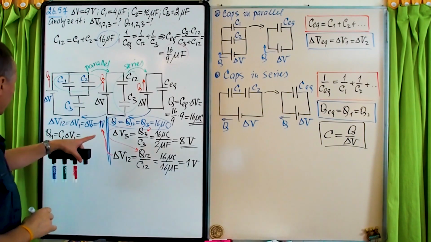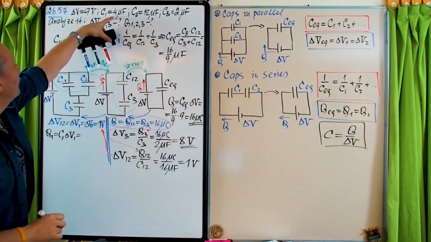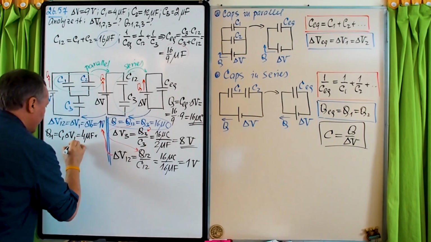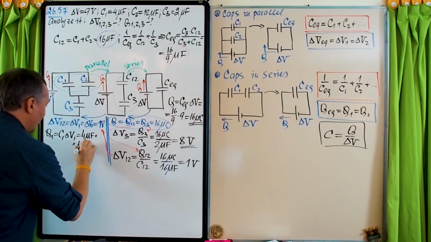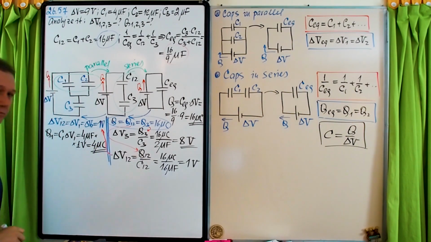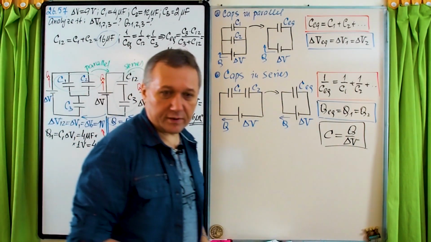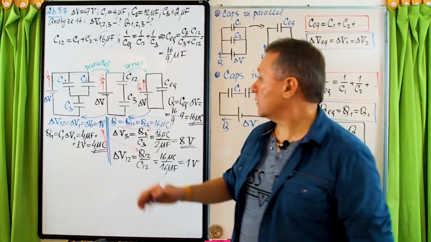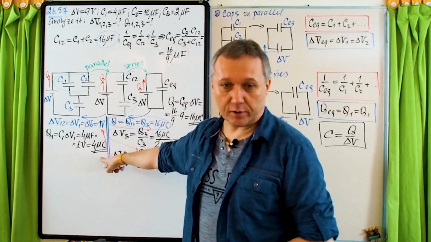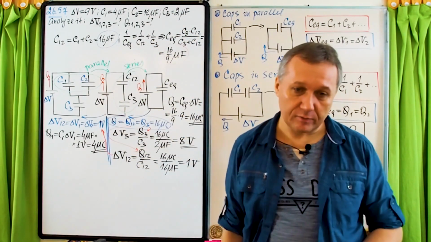C1 is 4 microfarads times 1 volt. So it's 4 microcoulombs. Now we know everything about capacitor C1. We know the potential difference, 1 volt, and we know the amount of charge. Capacitance was given from the very beginning.